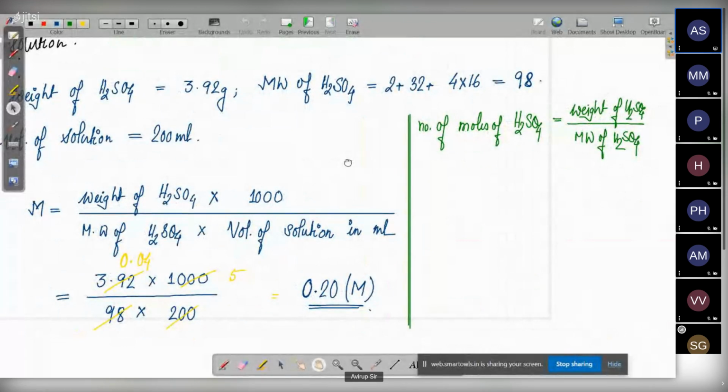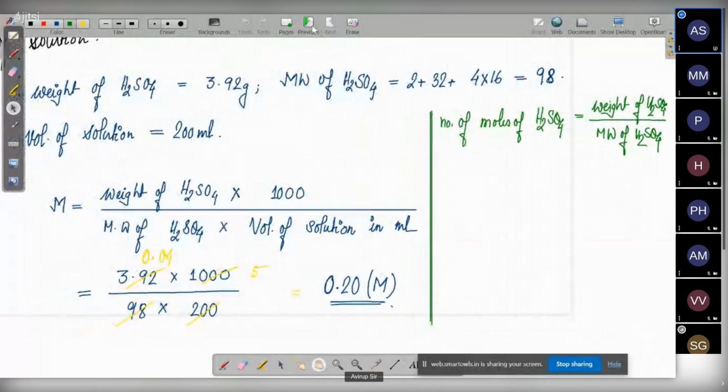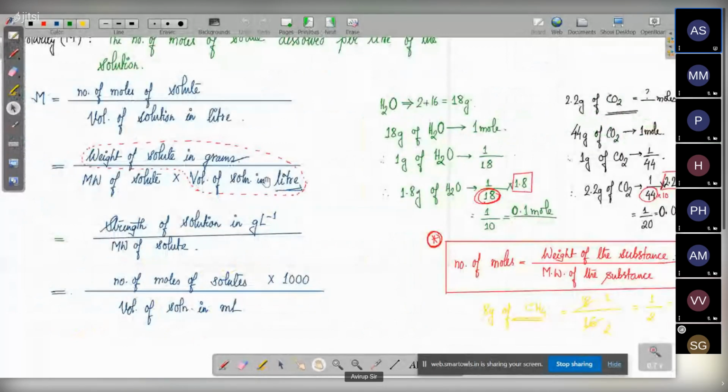Sir, what is the meaning of strength? Strength is expressed when you take the ratio of the weight of the solute divided by the volume of solution in liter. This ratio is known as the strength of solution. So strength is basically concentration, another synonym, same meaning, different word.